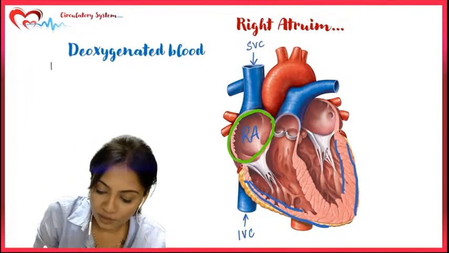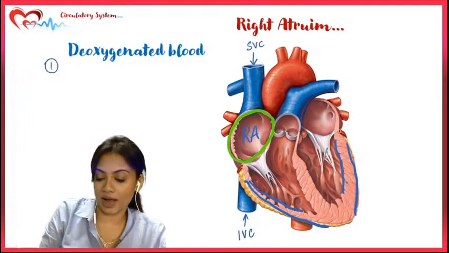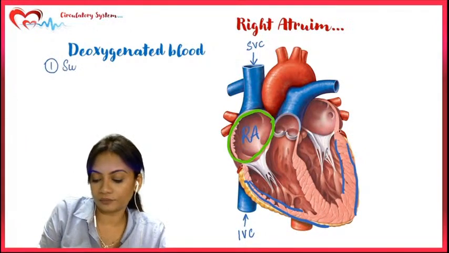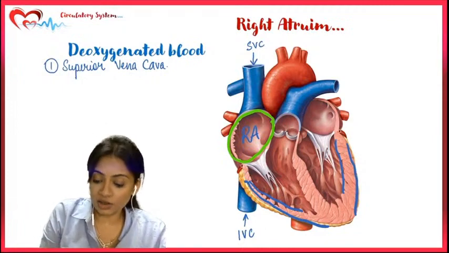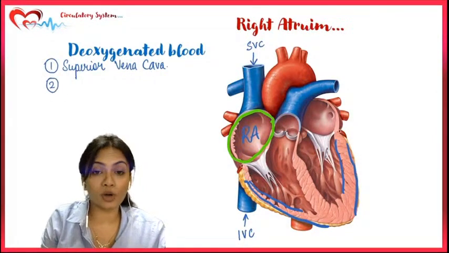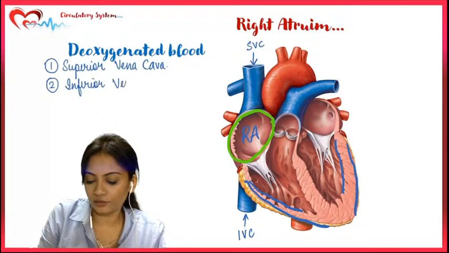The first, deoxygenated blood is being brought initially by the superior vena cava. Second, deoxygenated blood will also be brought by the inferior vena cava.